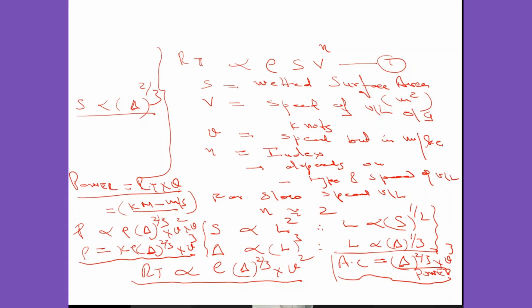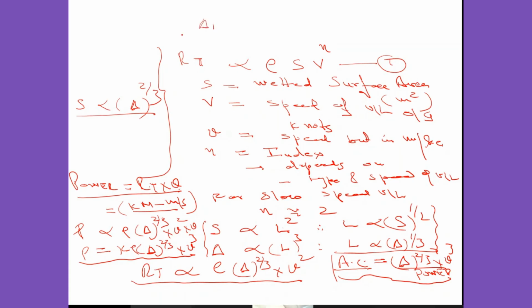Now, this relationship can be used to our advantage because, since the left hand side is constant, which I am calling admiralty coefficient, I can use this relationship if I write it like this. Let us see on top.